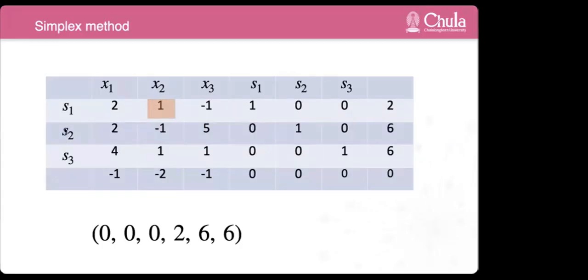This one is 6. We skip this one because this is negative. So S1 will be removed from the basic variable in the first round. In the next round, we will have S1, X2, S3, right, as basic variables, and the rest are non-basic variables.